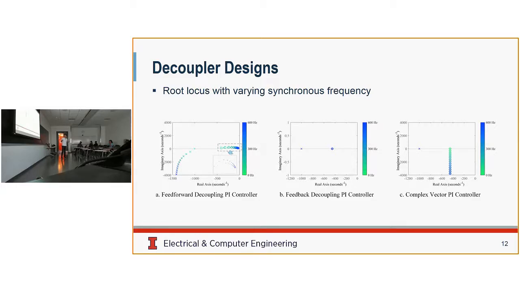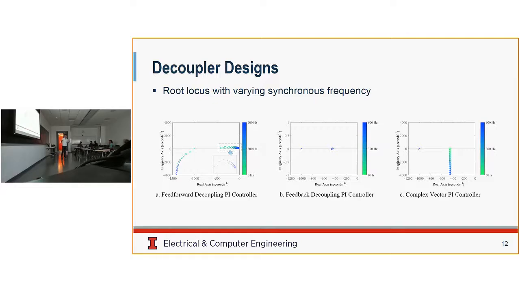You can also get the root locus with varying synchronous frequency. This root locus is not by varying the gain. Instead, it's by varying the speed, the rotor speed, or synchronous frequency. And we can see that in the first, feed-forward decoupling, the zero will move along with the pole, so that the low frequency pole tends to have its effect reduced.